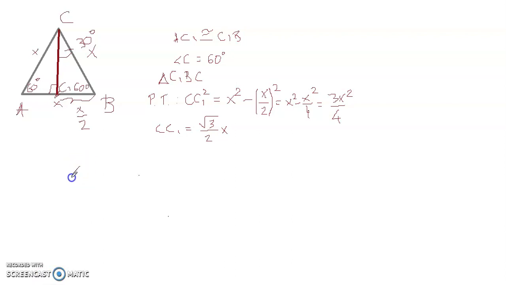So sine of 30 degrees equals the opposite leg, which is x over 2, over the hypotenuse, which is x.